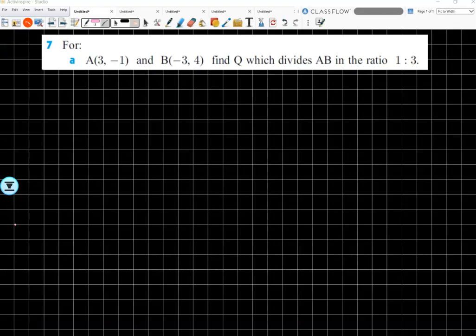Don't necessarily have to go to scale with this, but I'm going to try somewhat, not to scale, but roughly. So we've got 3 minus 1, and then B is minus 3 and up 4. So we know we're heading, I'll pop that there, minus 3, 4. It's always good just to have a little bit of an idea of where things are.